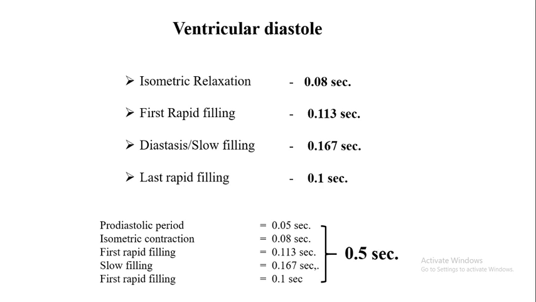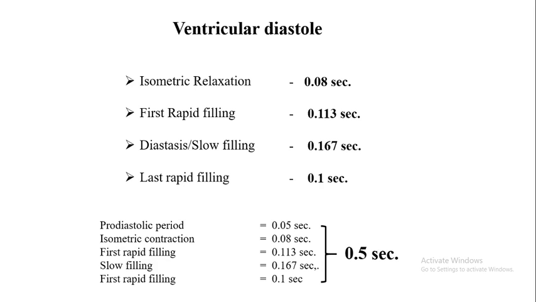Now at the end of ventricular diastole, the impulse from the SA node again reaches the AV node, and again the ventricular events are repeated. So from the cardiac cycle it is very clear that the auricular and ventricular systole never overlap.